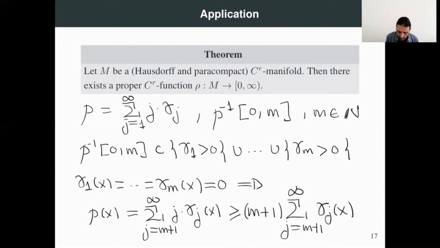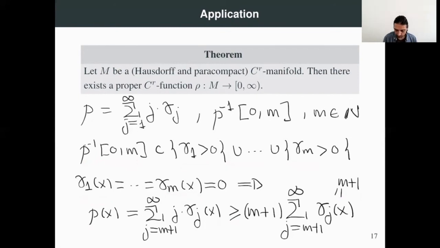But since these first m functions at x are 0, this is exactly m plus 1. So what we get is that if all the values of x by these functions, gamma 1, gamma 2, till gamma m are 0, then the value of our function at the point is greater or equal than m plus 1. So the preimage of the closed interval [0, m] is contained in here, right?